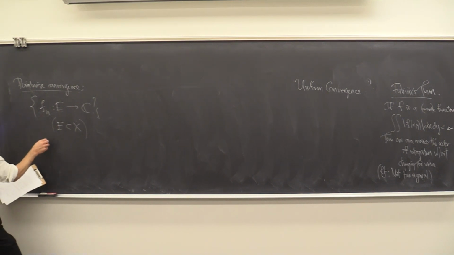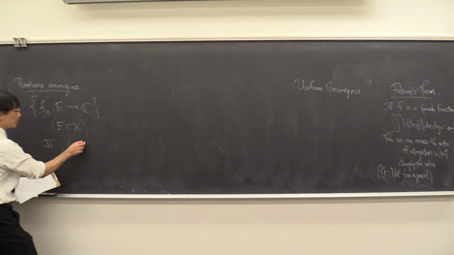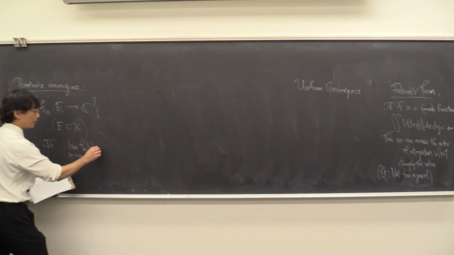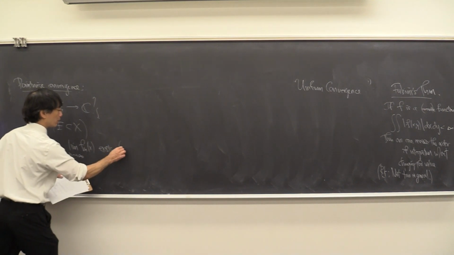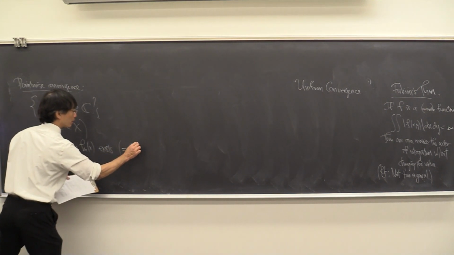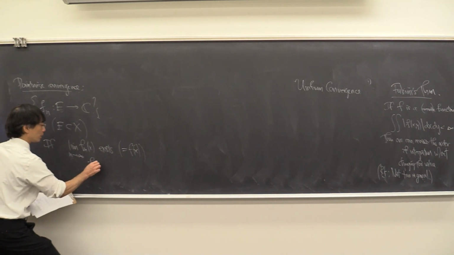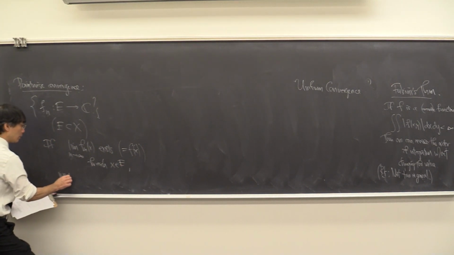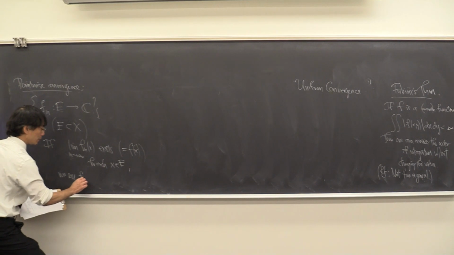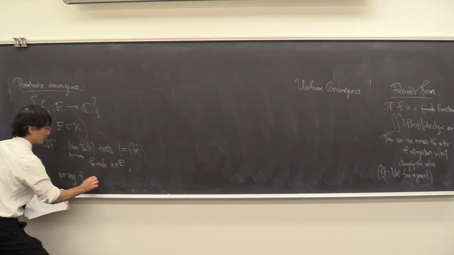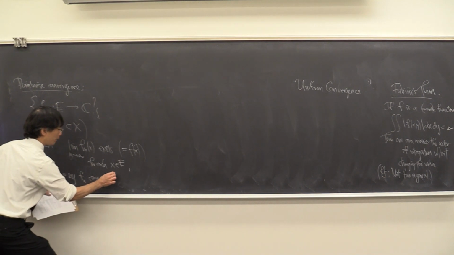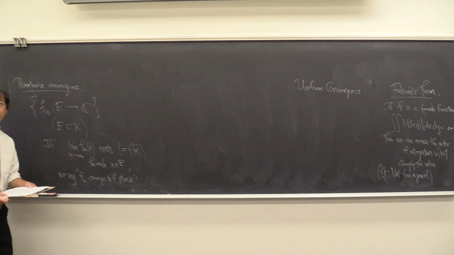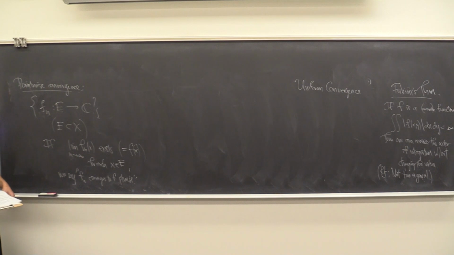Then if the limit exists, call it f of x, for each x in E, then we say f sub n converges to f pointwise. Okay. So pointwise convergence.